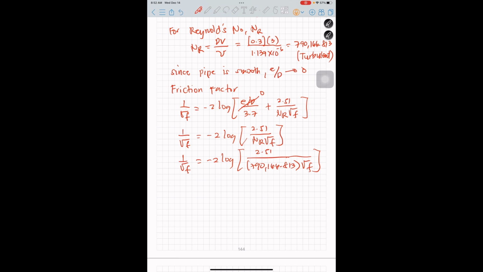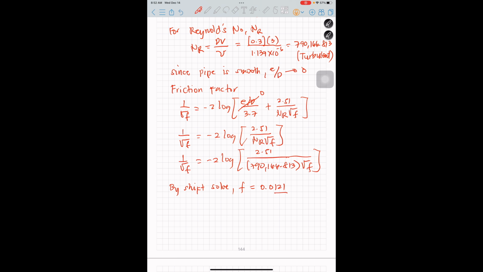By shift solve, your F is equal to 0.0121. We will use 3 significant numbers in getting the friction factor F.